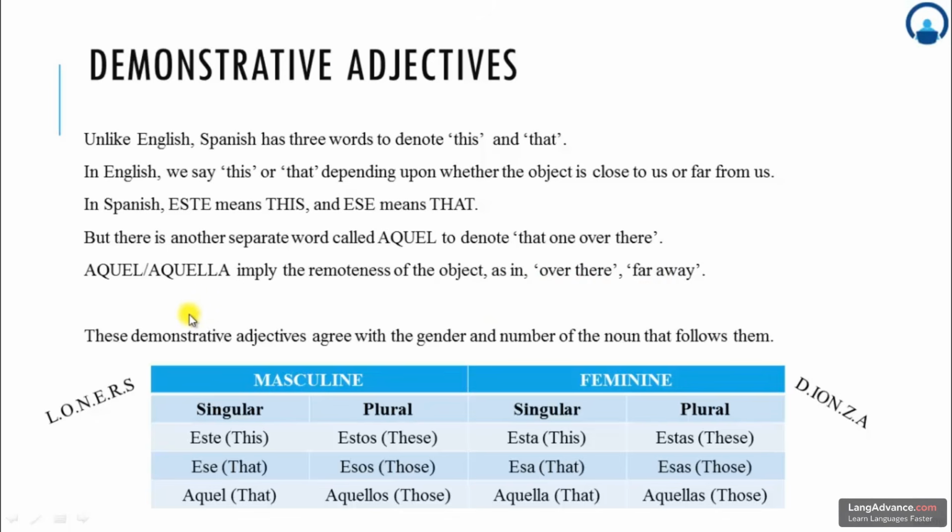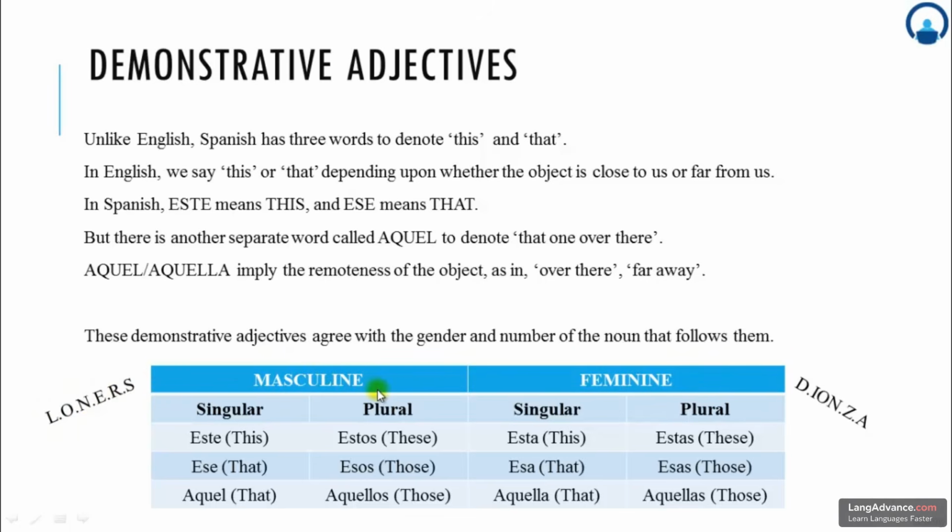Again we have got the rules for gender and the number of noun, that is singular or plural. So we'll learn that first for the masculine and then for the feminine. Masculine, if we remember the rule, loners, L-O-N-E-R-S, the words ending in these letters are masculine for most of the cases.